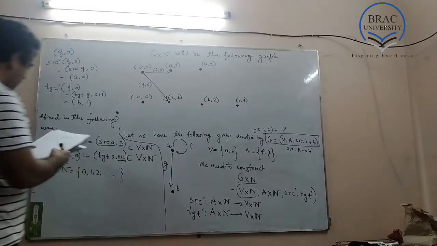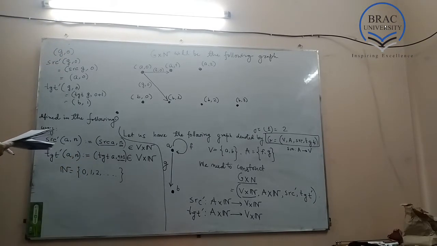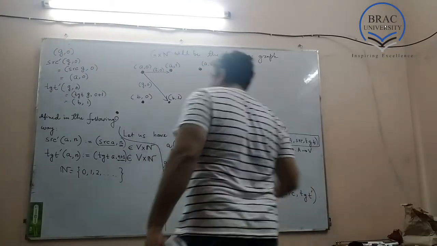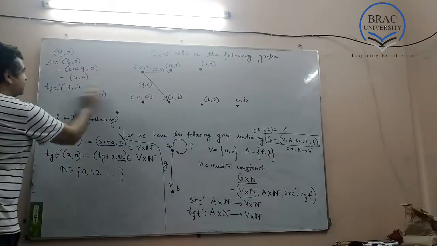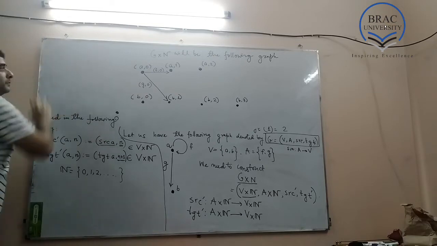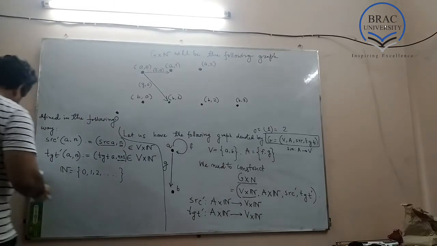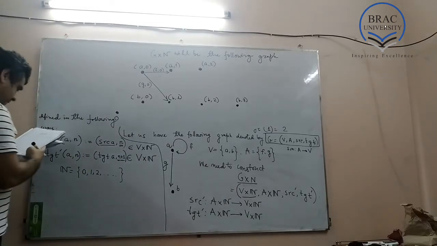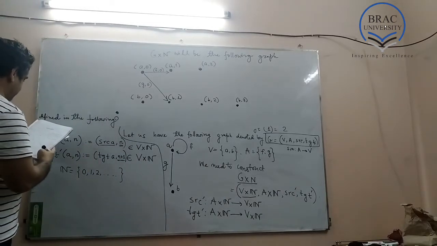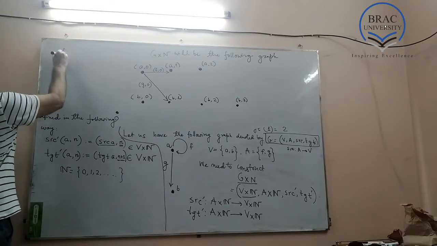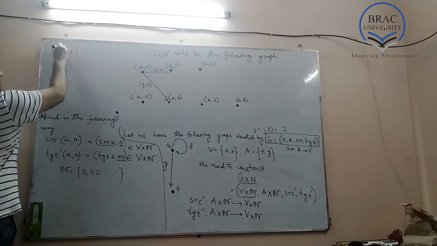So similarly, you can go ahead and find the source and target of G comma 1. Let us do it. So we are doing now G comma 1 and F comma 1. Let us try to do F comma 1 first.